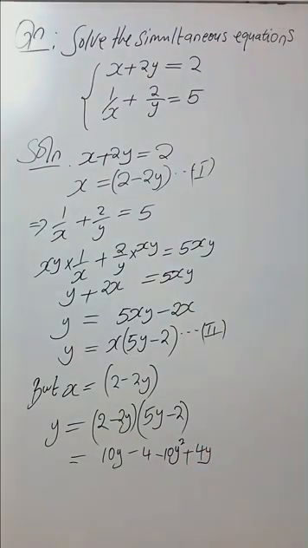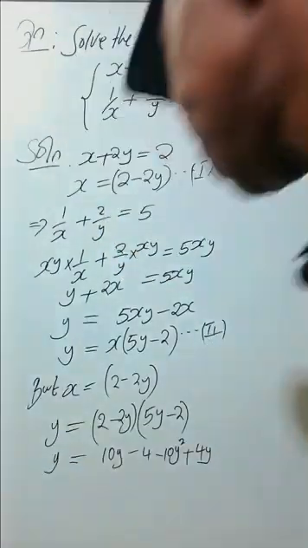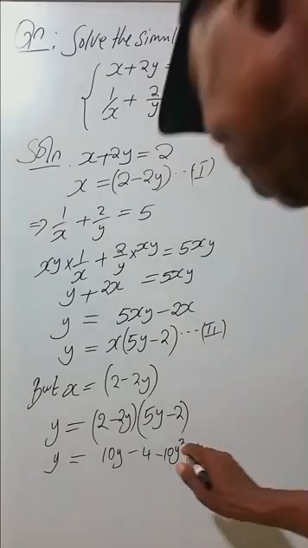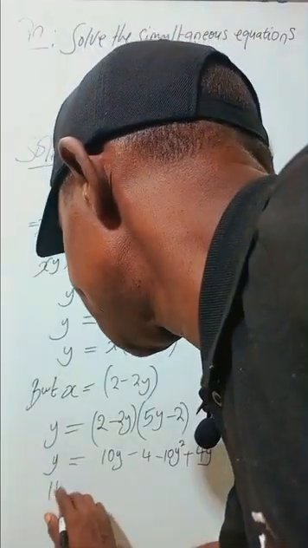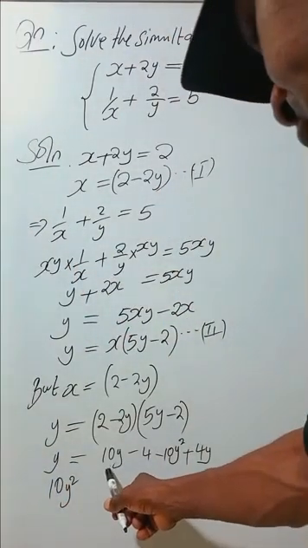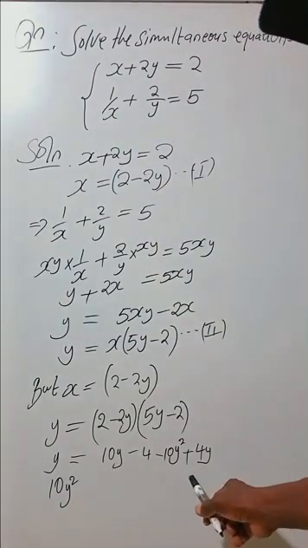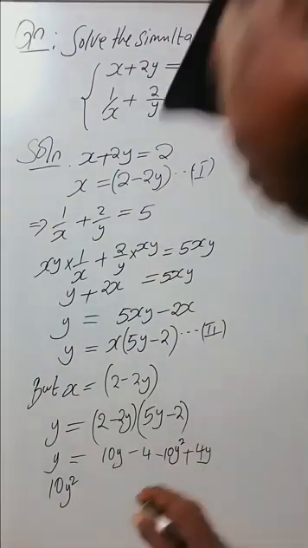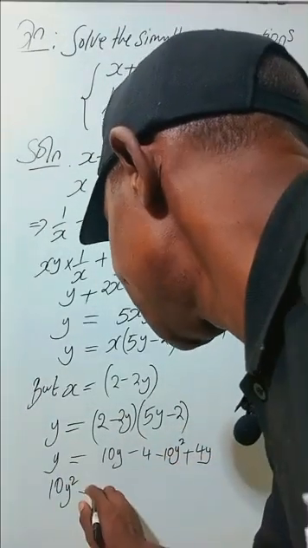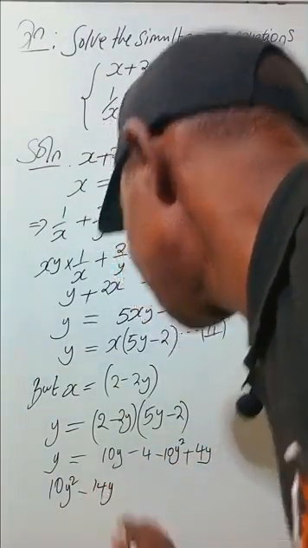Okay, let's arrange this equation such that it becomes the simplest we can write. Remember, here there is y. So this one comes to that side, and it will be 10y squared. Okay, 10y plus 4y is 14y, but when it comes to that side, it becomes negative 14y.